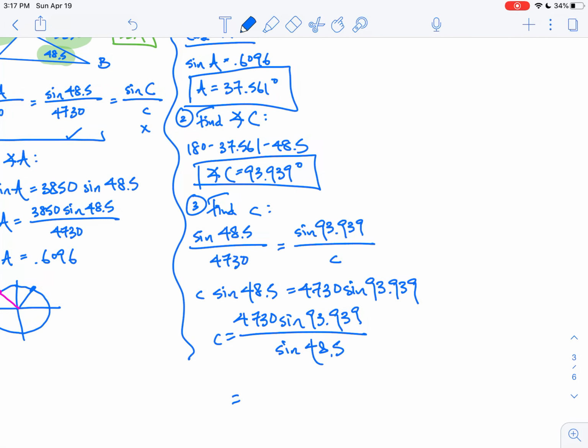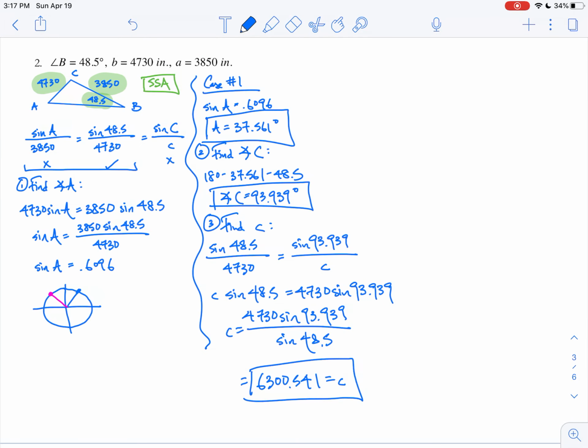And I'm going to turn that into a decimal. And what do I get for my c? I get 6300.541 as my little c. Okay? So that's case number 1. But let's see, what about case number 2?